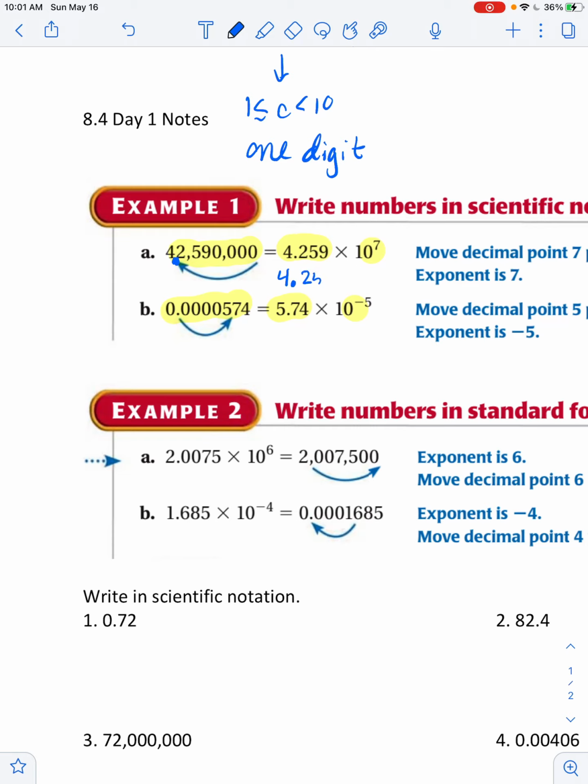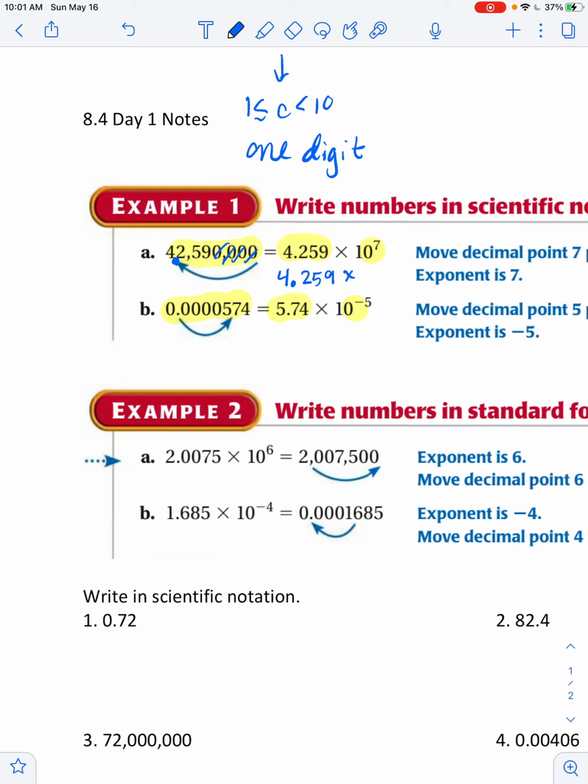Then I write the rest of the digits, but I do not write the zeros, because that's the whole idea, is to get rid of some of these extra spaces. But ultimately, you need the number to have the same value. So 4.259 is not the same as 42,590,000.